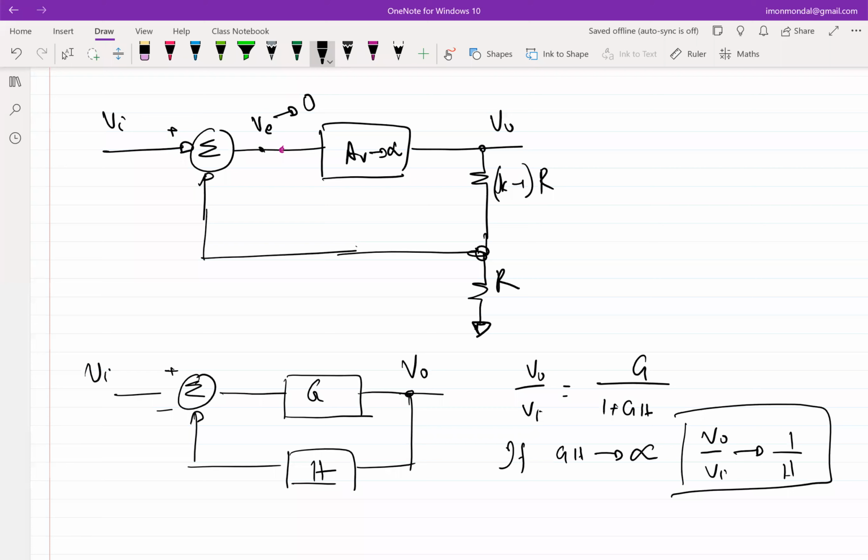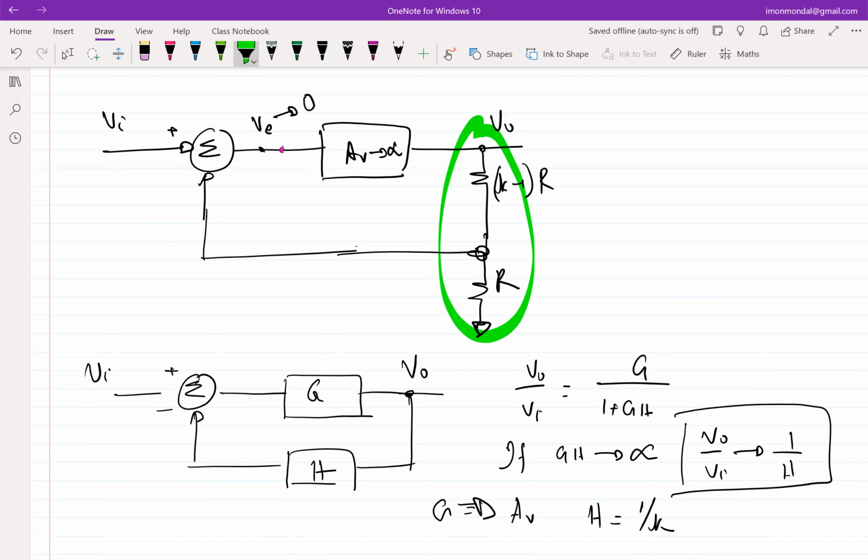Okay, so the parity between these two, the loop on the top and the bottom, is: what is G? G is AV. And what is H? H is 1 by K. So this guy over here gives you 1 over K, gives you the H, and this guy obviously gives you the gain.